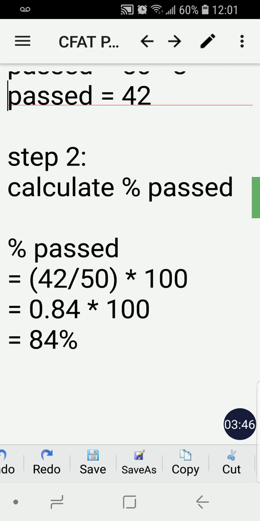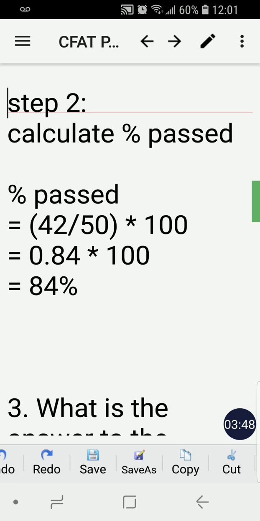So then the step number 2 is to calculate the percent of the students that passed. So percent passed is equal to 42 divided by 50. We multiply the result by 100, and we get 0.84 times 100 is equal to 84%.